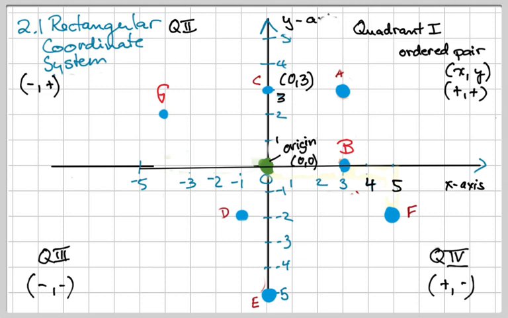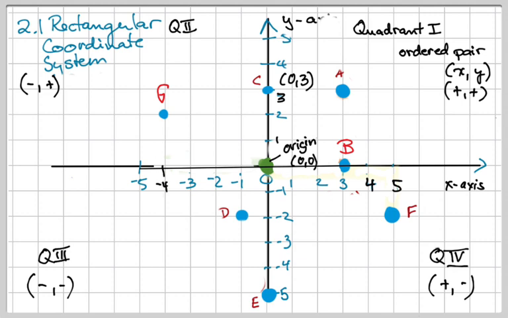Okay. Now you see I plotted a couple of points here, and I want to ask you, what is the ordered pair for point A? Now we have our x and our y-axis just like a number line. To the right is positive, to the left is negative. So here's a -4, not to forget.